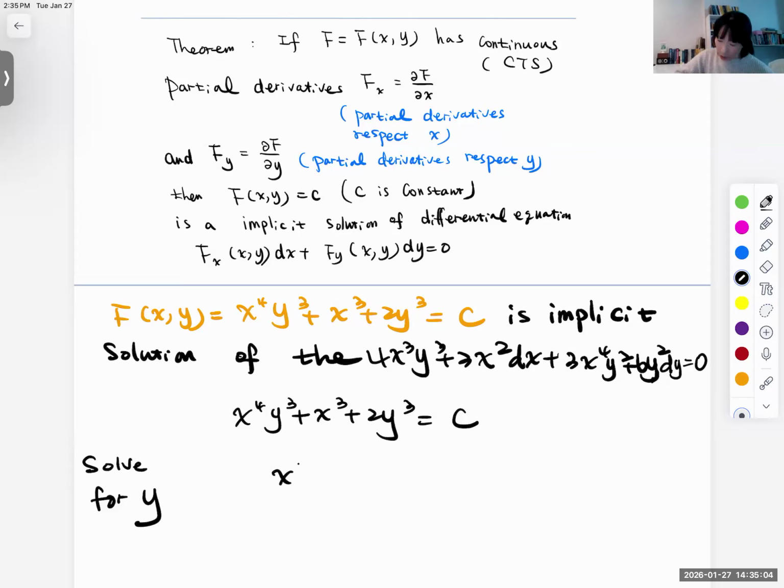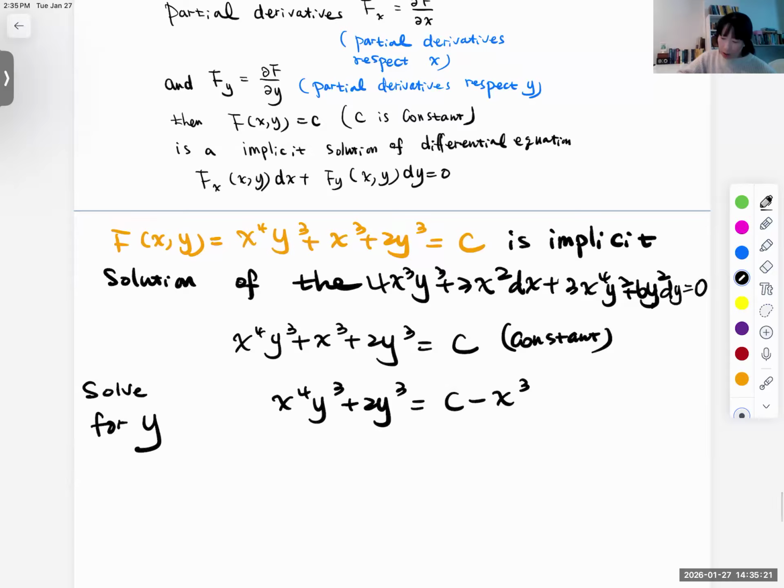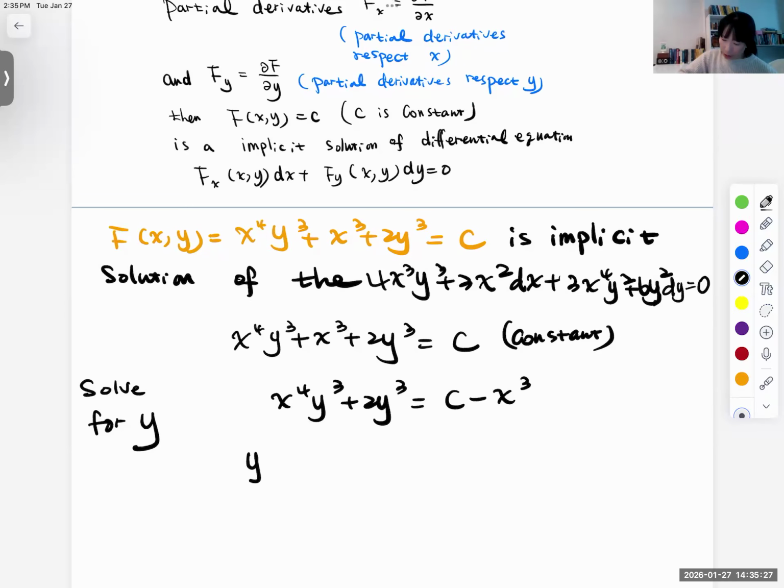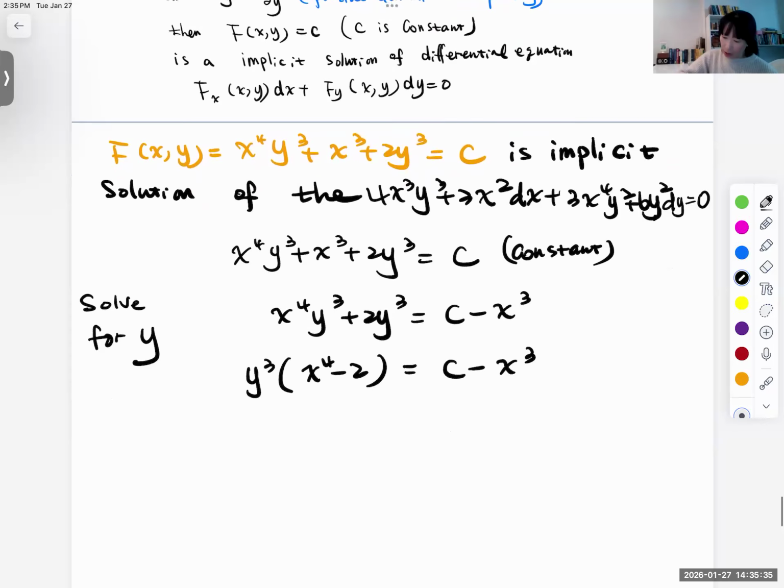So there will be x to the fourth, y to the third power plus 2y to the third equal to c minus x to the third, right? c is a constant, right? All right. Then y to the third is the common factor in that case. So y to the third, factor out x to the fourth minus 2 equal to c minus x to the third. And then we divide, right? So y to the third equal to c minus x to the third over x to the fourth minus 2.